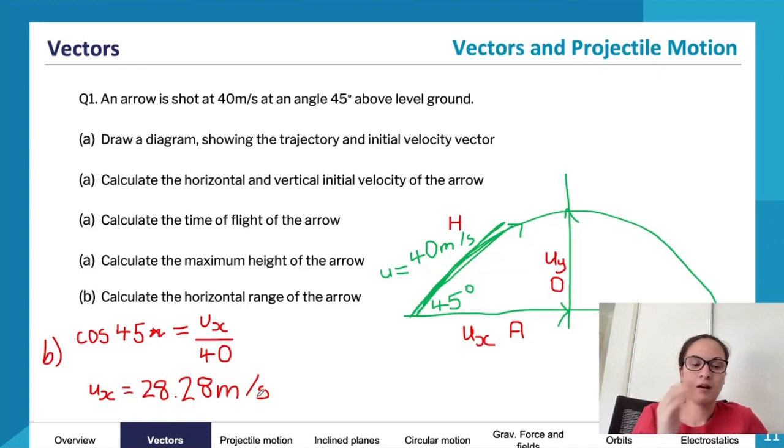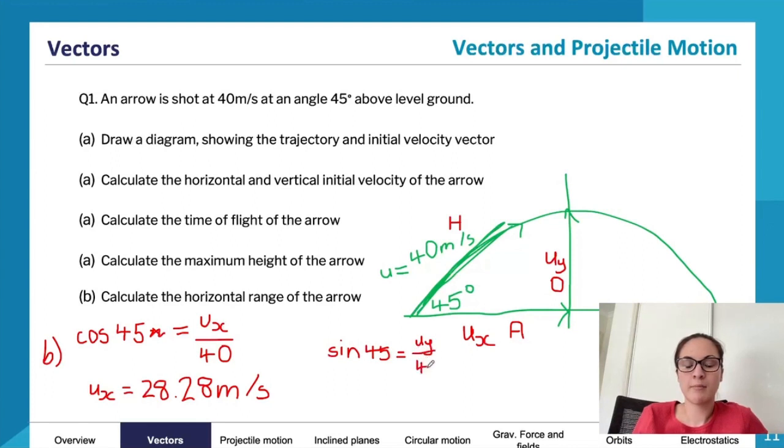Okay, and now it's going to be very similar for Uy, but this time we're dealing with opposite and hypotenuse, so we're going to use sine. So sine 45 is equal to Uy over 40.